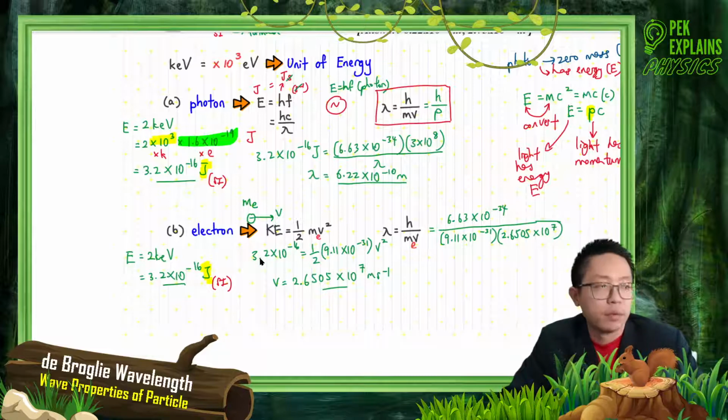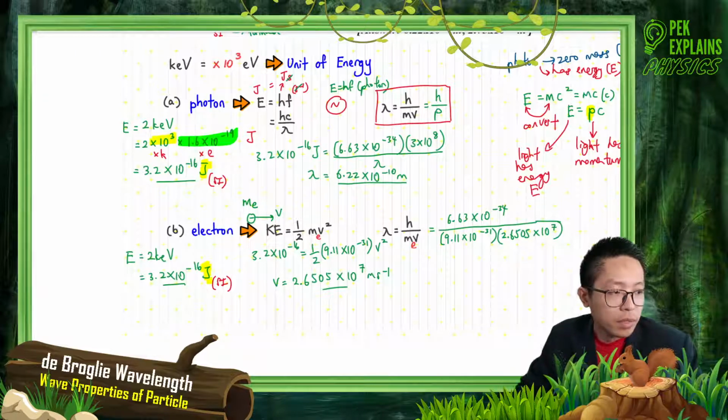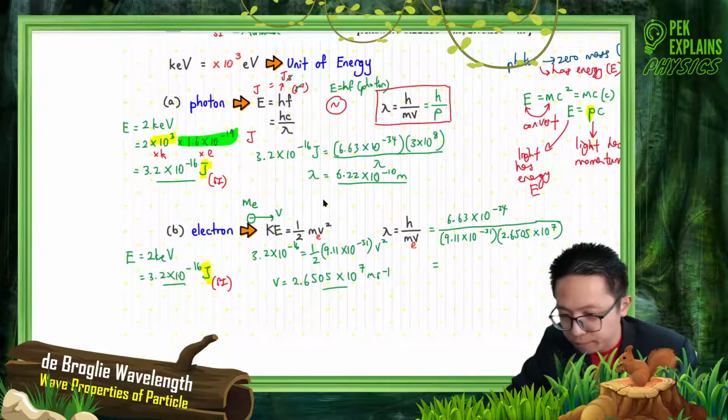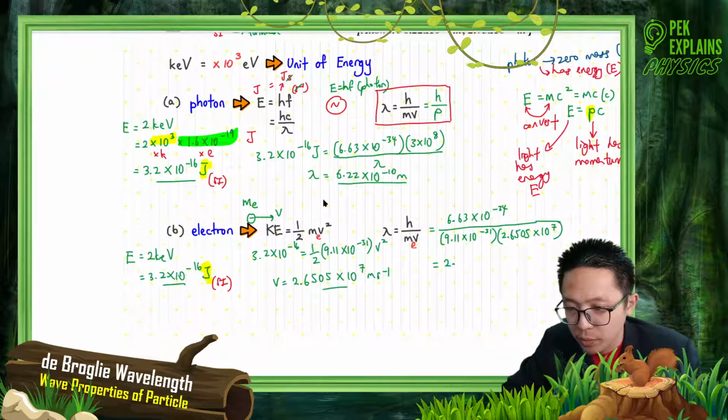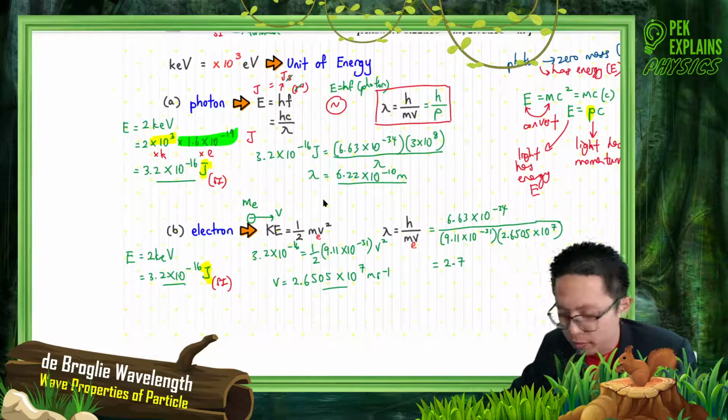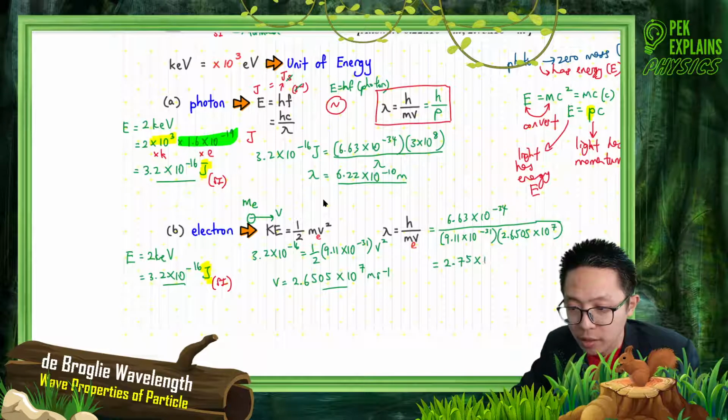After we substitute, the answer is 2.75 exponent negative 11 meter.